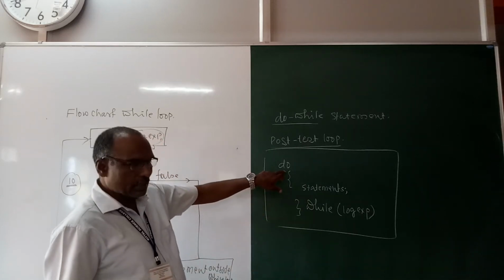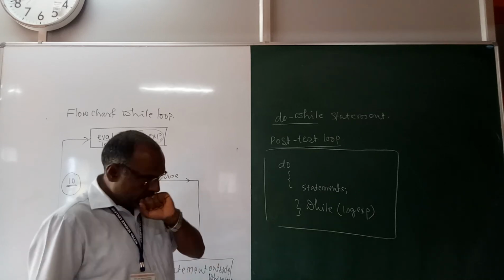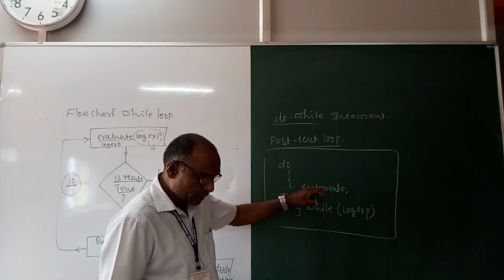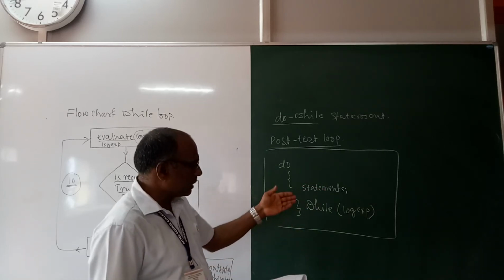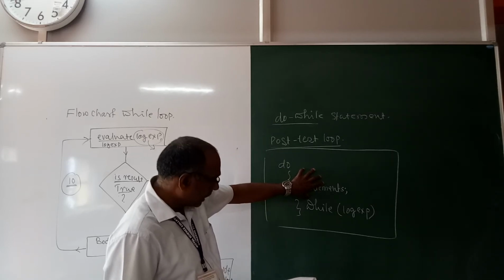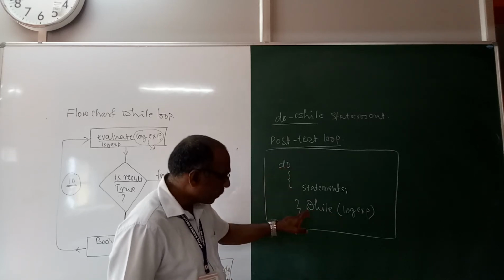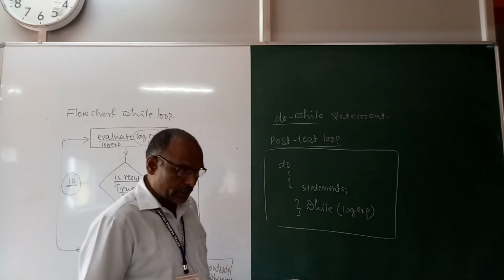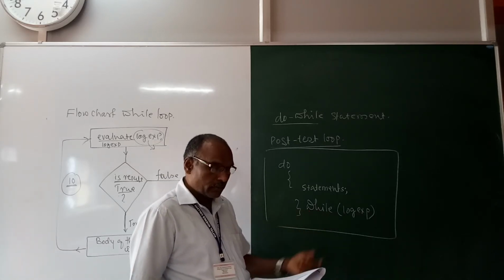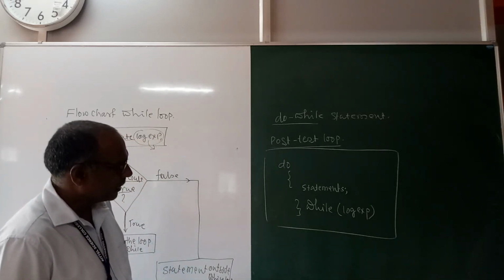Look at this, do is a keyword, and while is also a keyword. Statements here may be compound statements or simple statements to be executed, that forms the body of the loop, and the control is put at the end. This control statement will check whether the result is true or false.